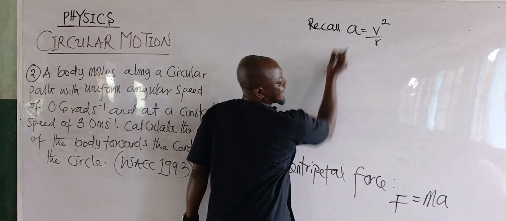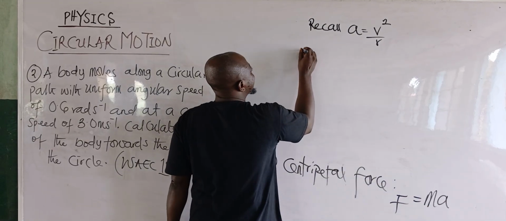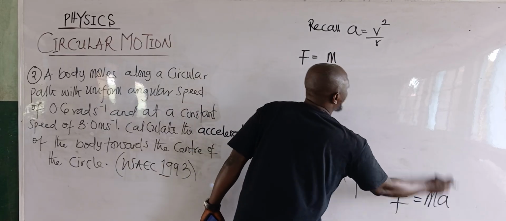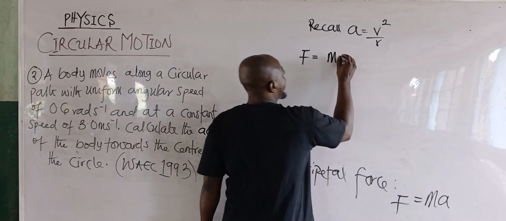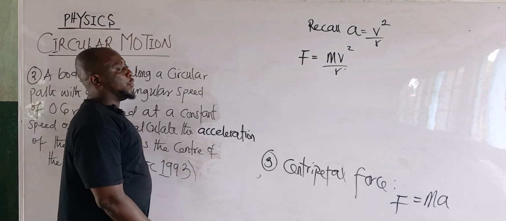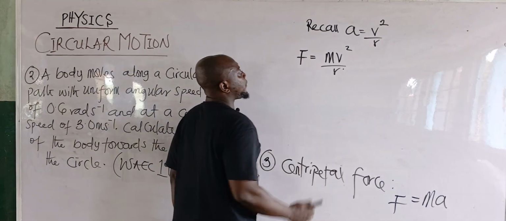If we replace A into this place, we have our centripetal force given as M times v squared over r.